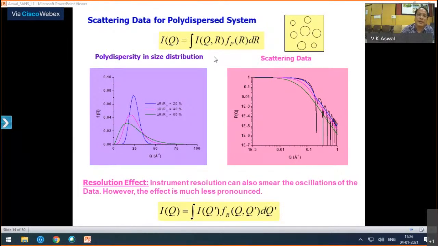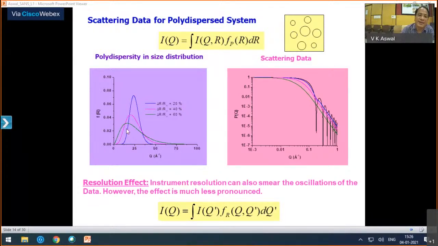As I told you, most practical systems would be polydispersed. You want to make a monodispersed system, but the synthesis is not that easy. So whenever you measure them, you will see that there is some polydispersity in the system. Then your measured scattering will be the convolution of your size distribution.